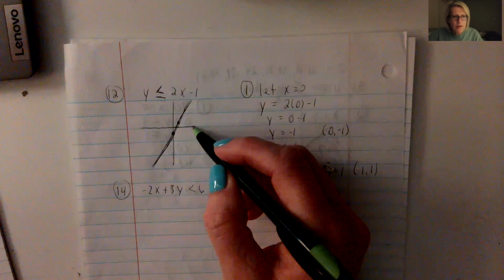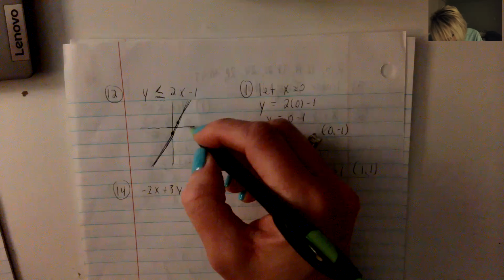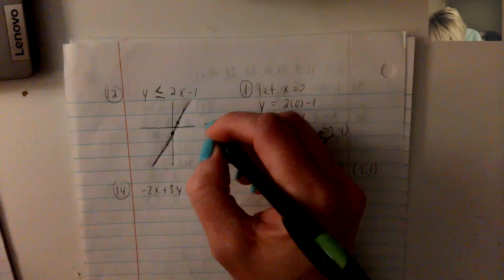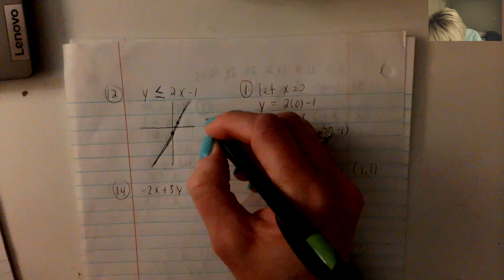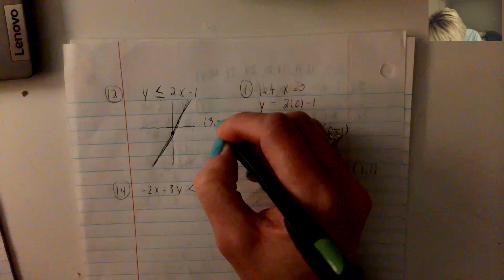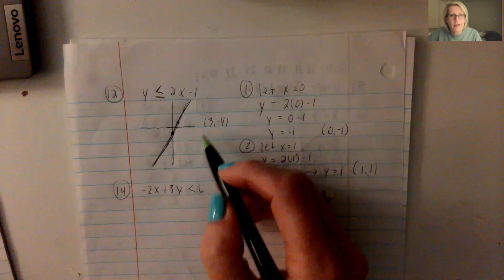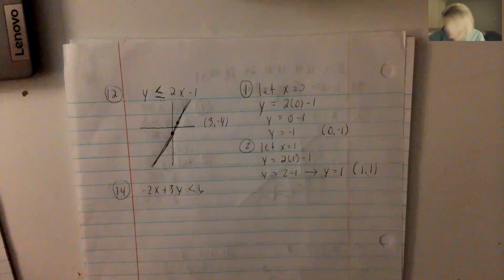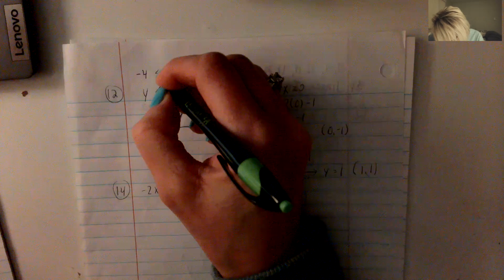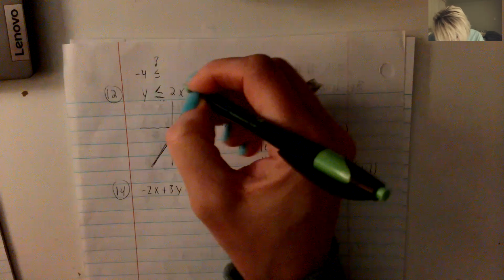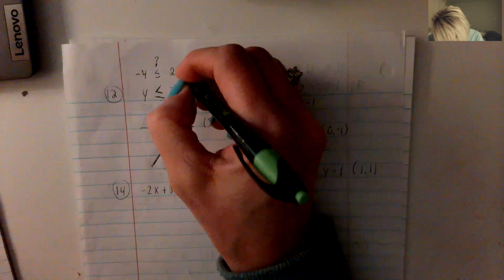So I'm going to pick a point that's over here somewhere crazy. So I'm going to say, what about the point 3, -4? Okay, so when X is 3 and Y is -4, I'm going to put -4 in for Y. Is that less than, this is my question, right? Which way am I going to shade? Is that less than 2 times 3 minus 1?